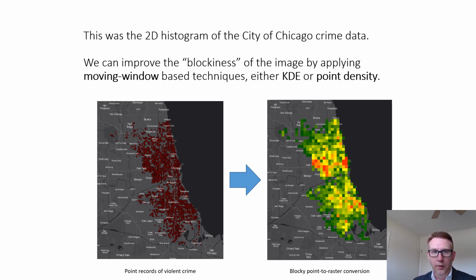You can use a feature to raster, point to raster, build the image that you see over on the right, and then literally apply a moving filter to the result with focal statistics. But we're going to be talking about an additional way of solving this problem, which is using kernel density estimation or point density tools, both of which are effective ways of smoothing this out a little bit.